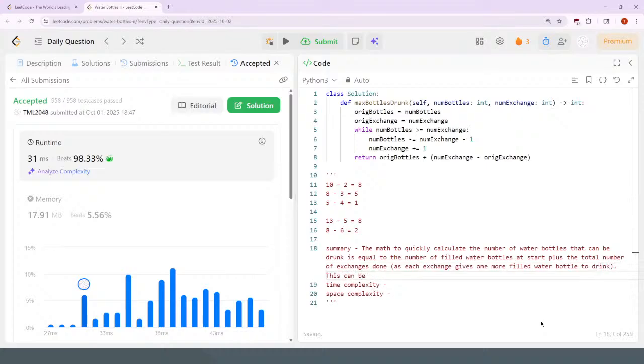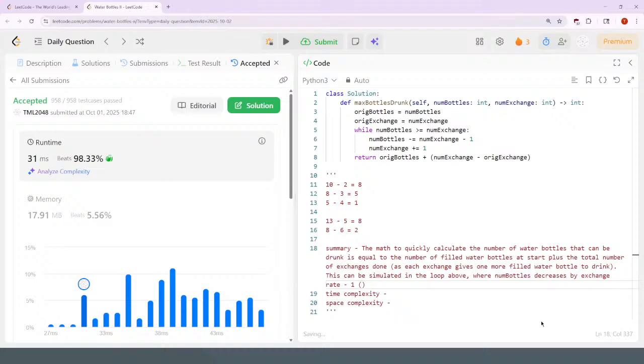This can be simulated in the loop above, where num bottles decreases by exchange rate minus 1.